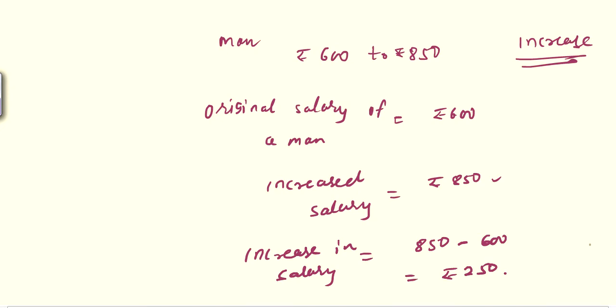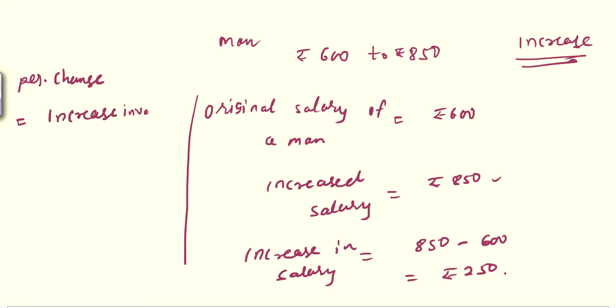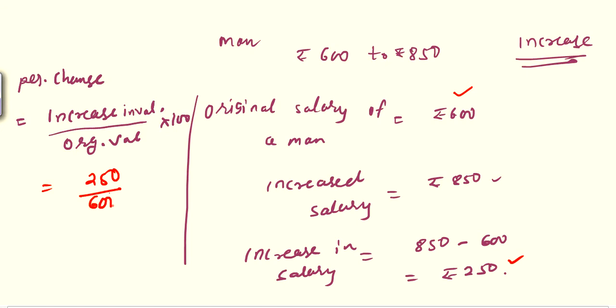Now we have to find the percentage change. The formula is increase in value upon original value into 100. So increase in value is simply 250 rupees, upon original value, the original is 600 which he was getting in the starting, into 100. So 0 0 get cancelled, 0 0 get cancelled.